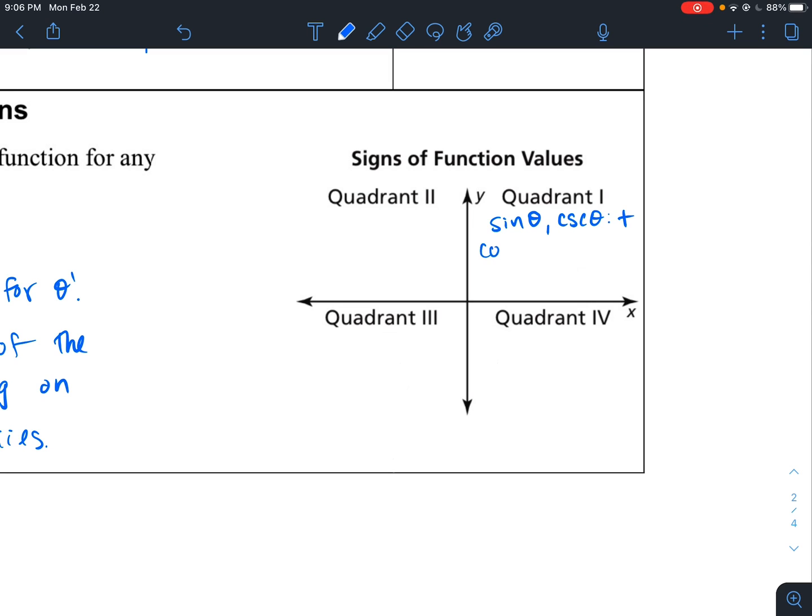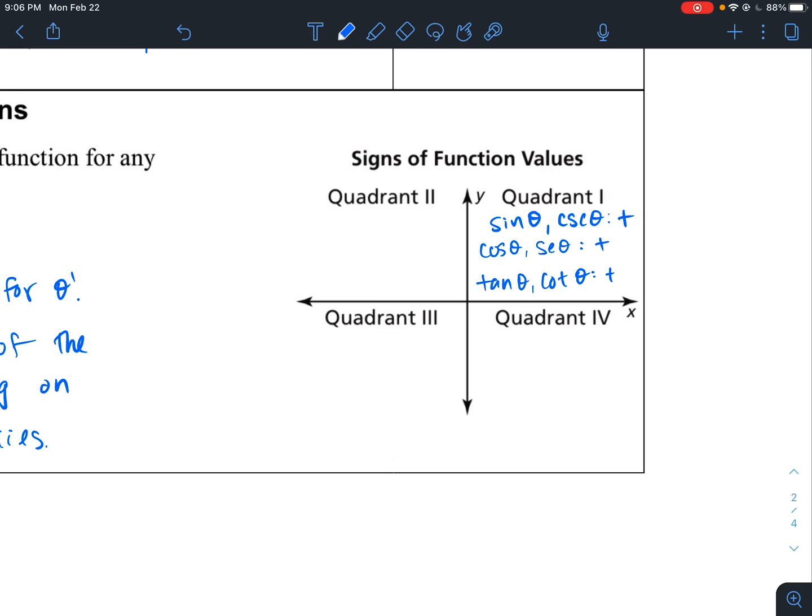Cosine of theta and secant of theta will also be positive. Tangent of theta and cotangent of theta will also be positive.